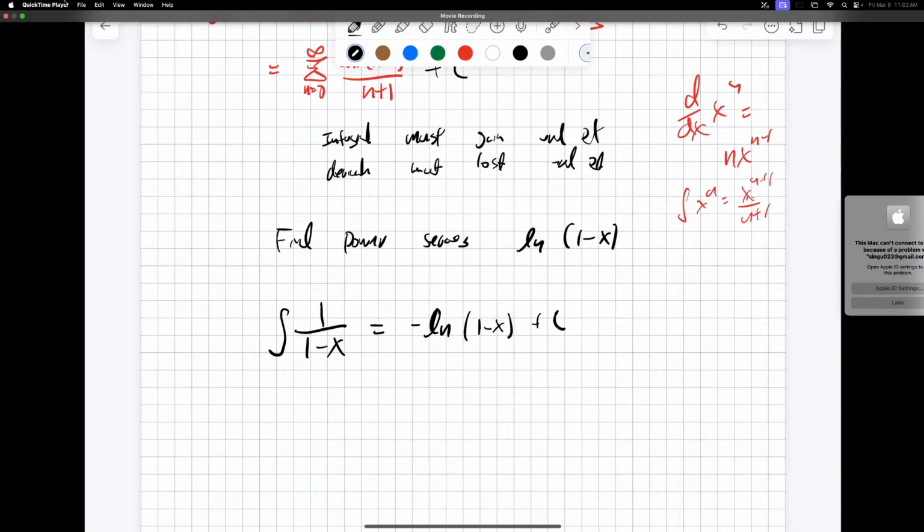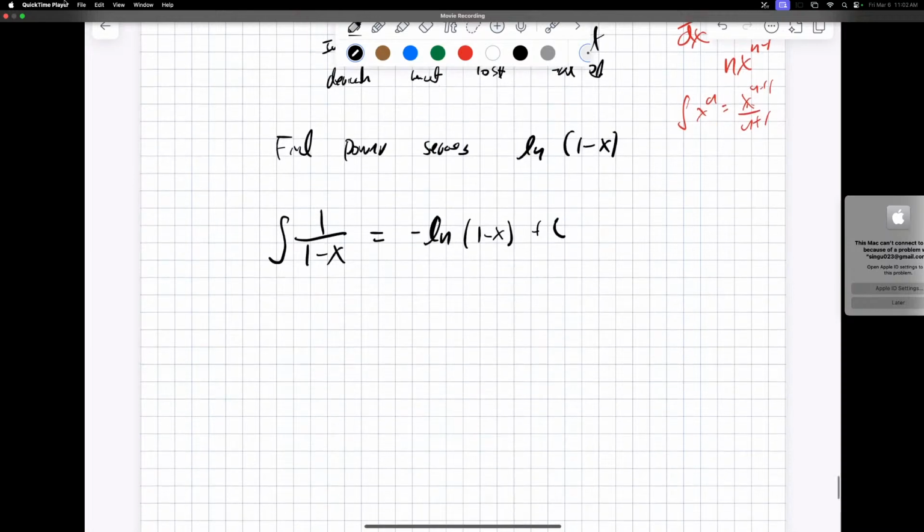But do you know that 1 over 1 minus x is also equal to what? 1 plus x plus x squared plus x to the third plus x to the fourth, and so on.